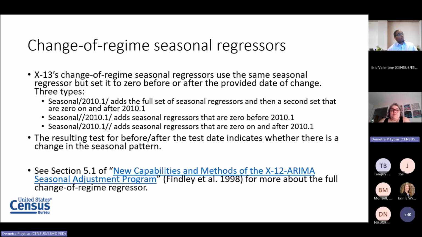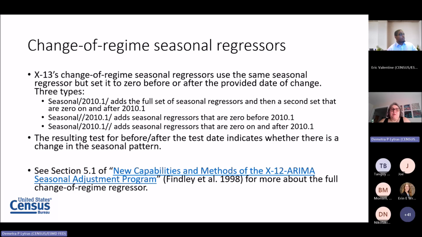In X13, we have change of regime seasonal regressors. There are 2 types of them. The first we call the full test, the full change of regime. This puts that full set of seasonal regressors in, but then it also puts in an additional set of regressors that are 0 on or after the date of the change that you provide.